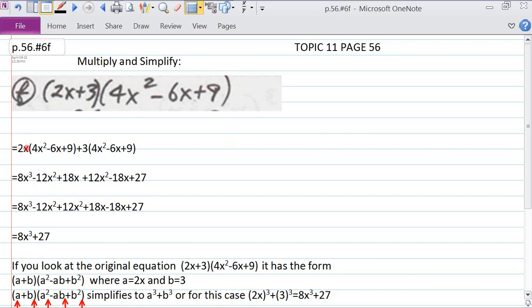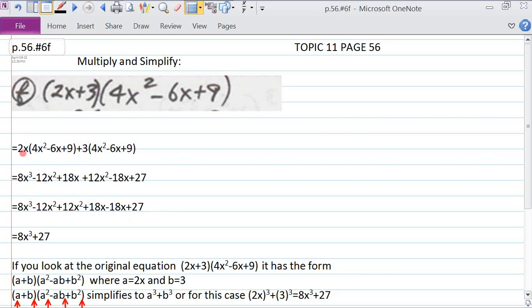So we see right here I took the 2x, which is the first term here, and multiplied by the contents of the second bracket, 4x squared minus 6x plus 9. And then I took plus 3, including the plus sign, and multiplied it again by the contents of the second bracket.